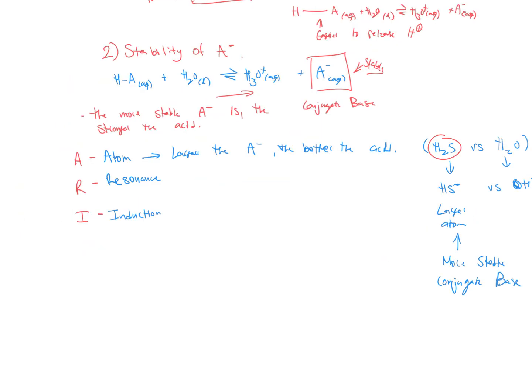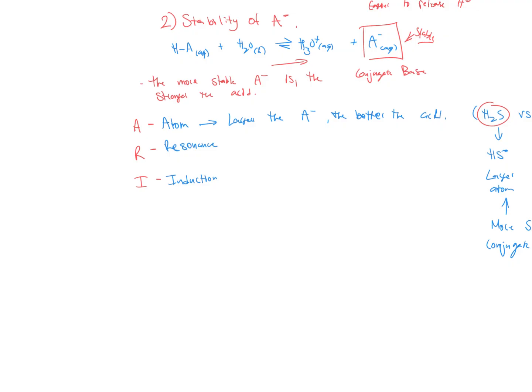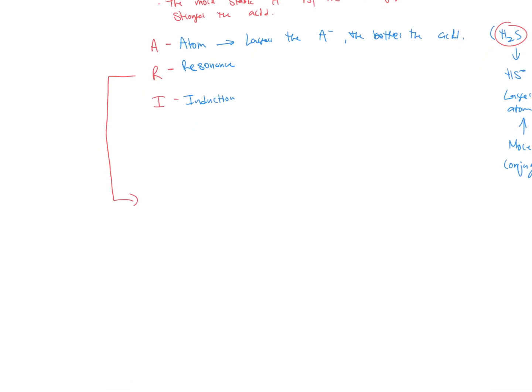The next factor is what we call resonance. This is something that you learn much more in an organic chemistry class, but I'll introduce what it means right now. Let's say I have this molecule, which is known as acetic acid, otherwise known as vinegar.